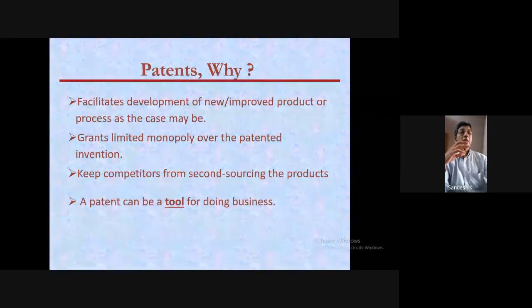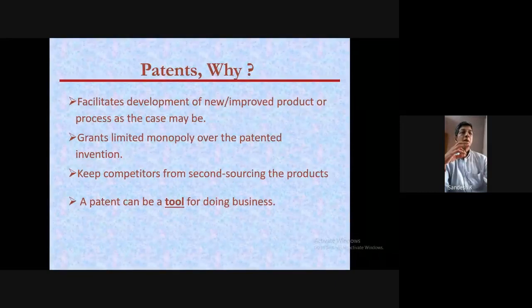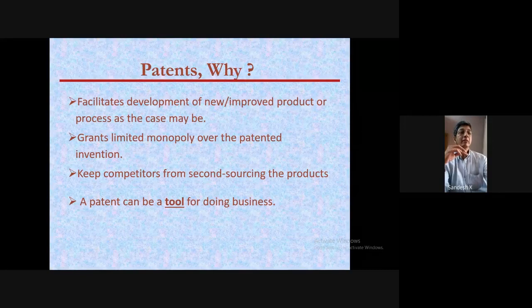The concept is, when we file a patent, it gives encouragement. It facilitates development. It encourages the innovator to do more. That means he gets the recognition. He can improve the product. He can get a new product.